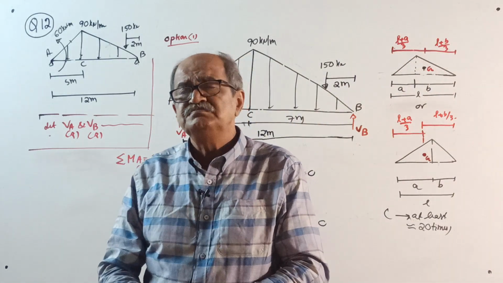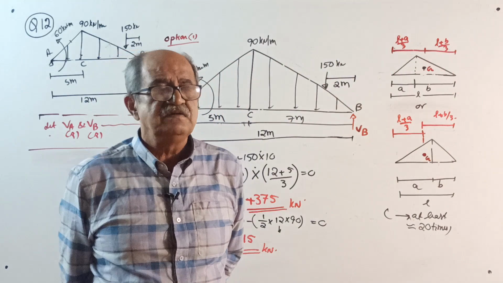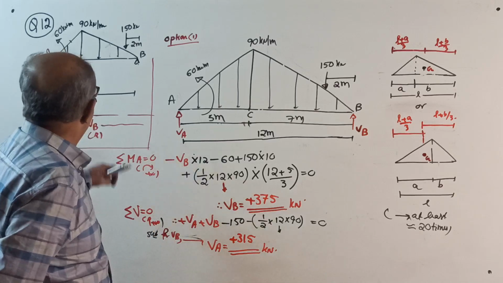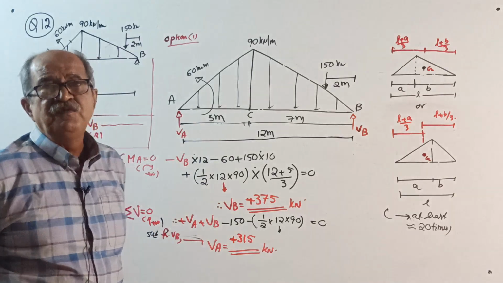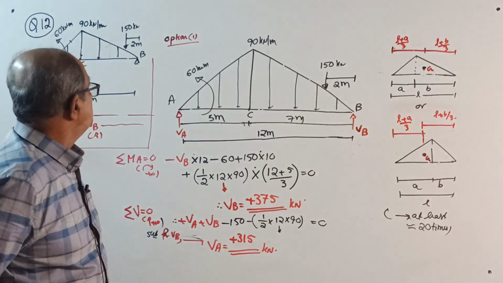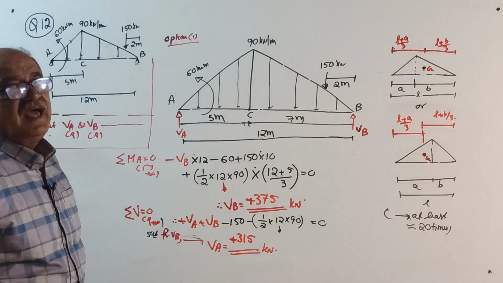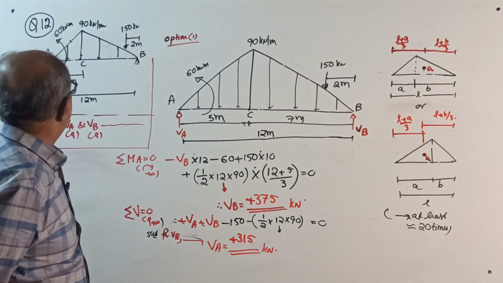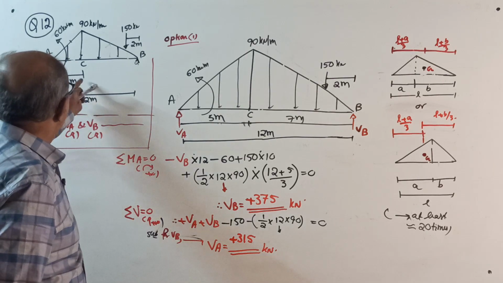Question number 12. Again, I'll dictate the question. A simply supported beam of span 12 meter is loaded by a uniformly varying load which has zero intensity at both the ends and has maximum intensity of 90 kN per meter at 5 meter from left end.